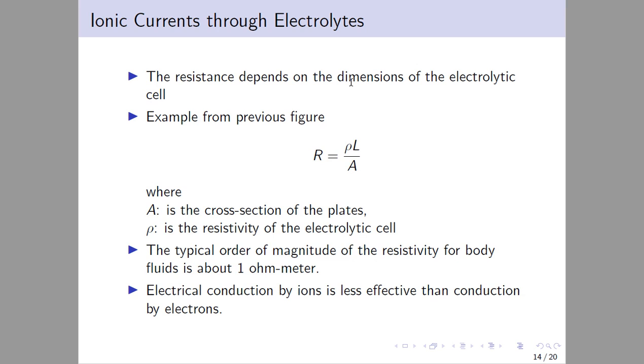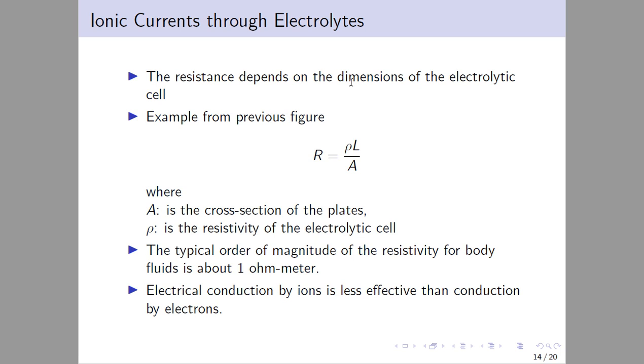Okay, and in moving the information, moving the electron from our sensor to our brain, so we have the resistance. Okay, so resistance depend on the dimension of the electrolytic cell. Kalau contohnya kalau dia melalui darah banyak electrolyte. Okay, so depend on that resistance of that electrolyte in our blood.